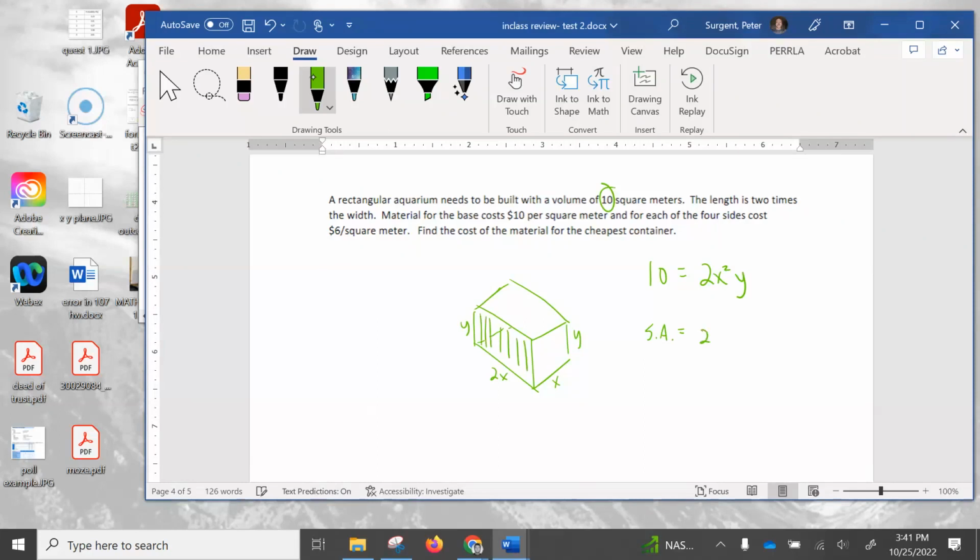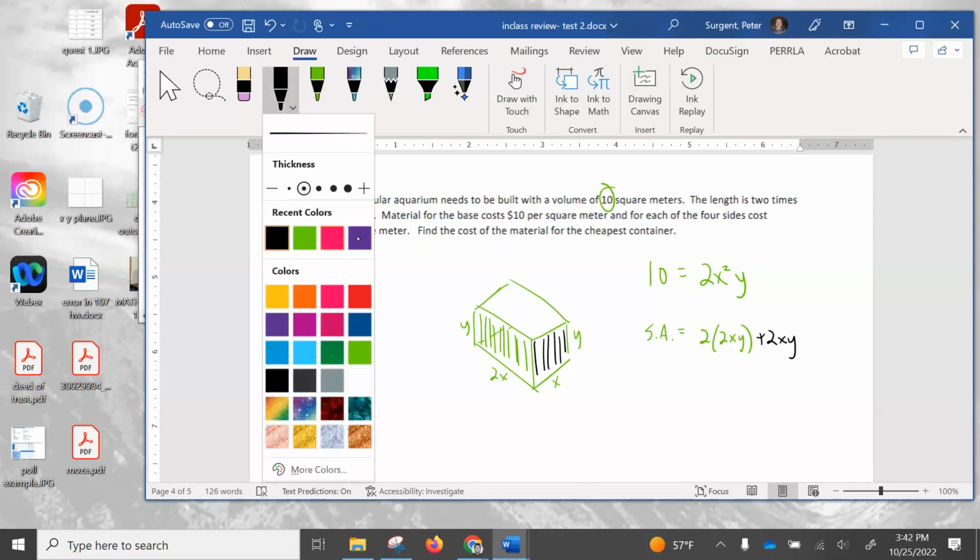That's two of these guys. Keep going. Plus 2 times x times y. Right, so two of these guys. Very good. 2 plus 2 times x times y. And are we missing anything? And then the base. So plus 2x times x.